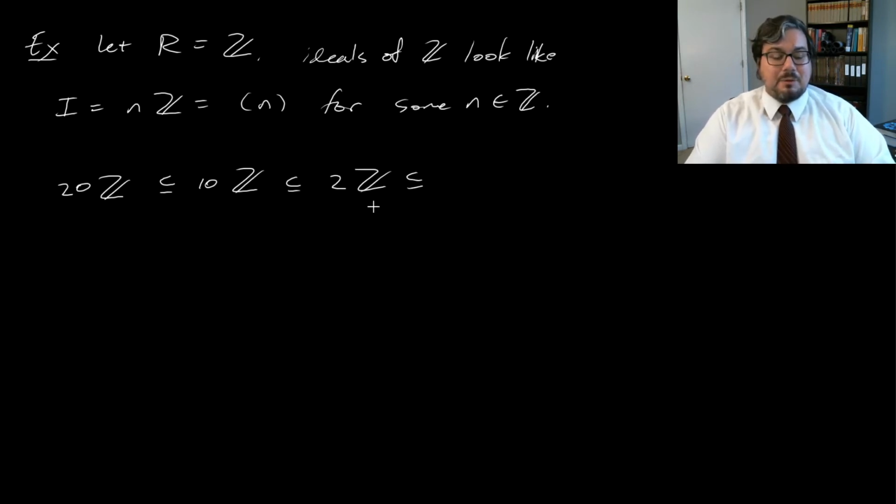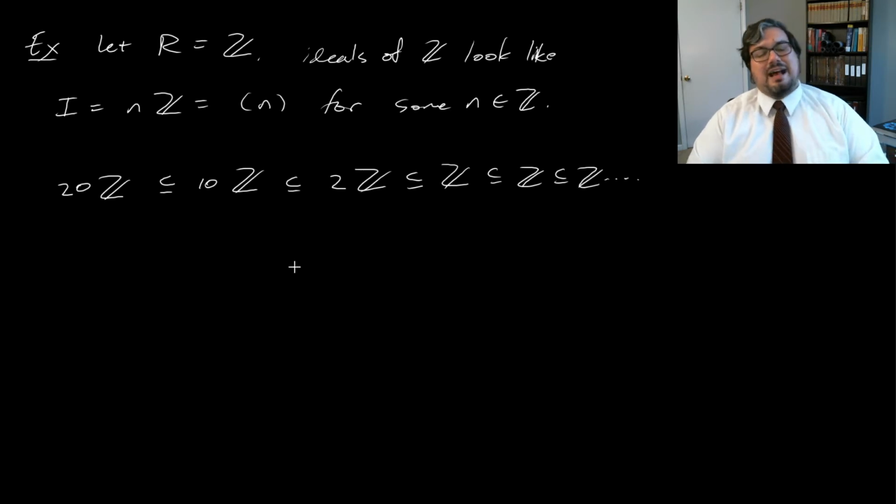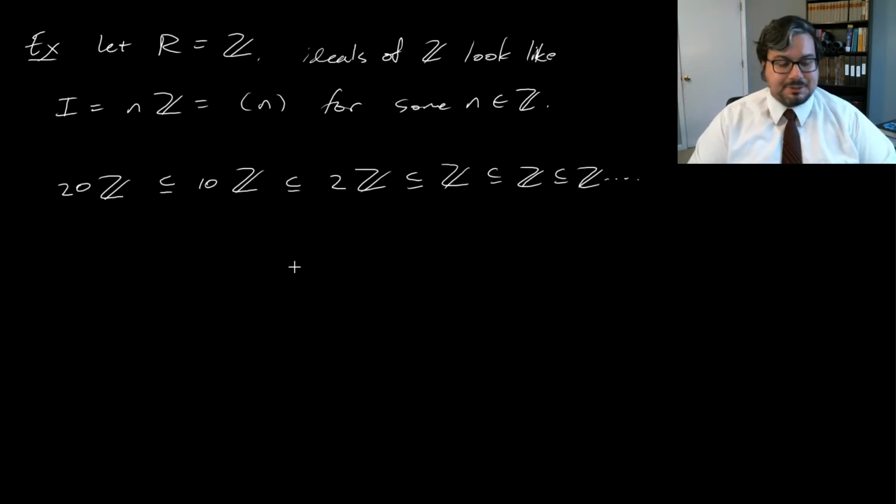And then if I want to go up from here, I don't have so many options. I can either stay at 2Z forever, which means that I've stabilized as the ascending chain condition says that I should, or I'd have to go up to the whole ring itself, in which case I again have nowhere to go, and everywhere after that has to be the same. So this is, of course, just one example of a chain of ideals.